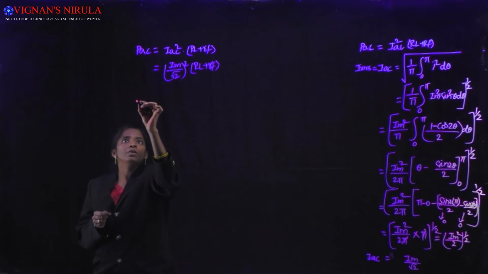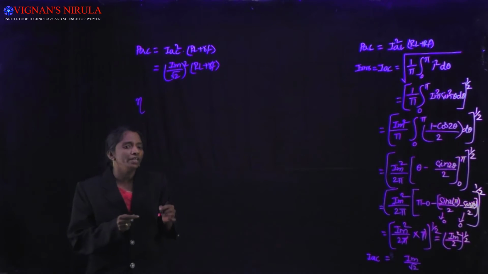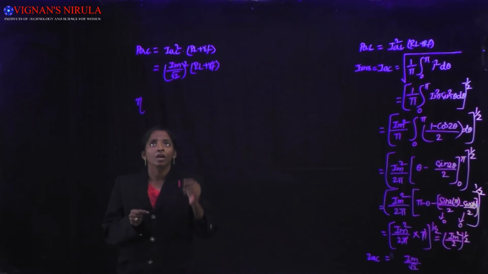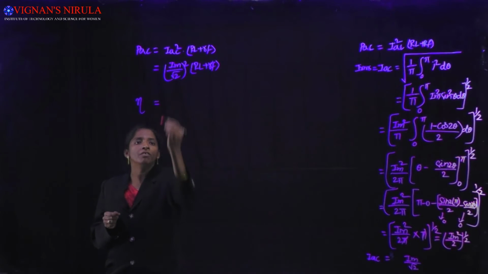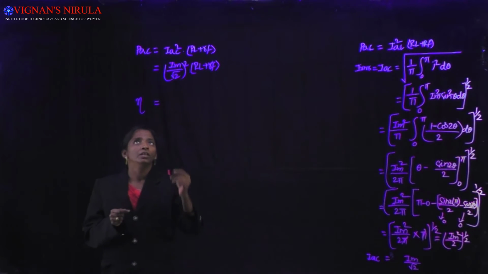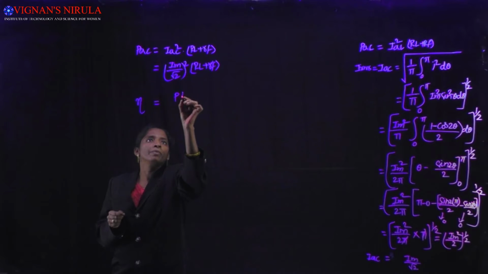Efficiency equal to, now we have PDC and PAC values. Now calculate the efficiency of full wave rectifier, that is PDC divided by PAC.